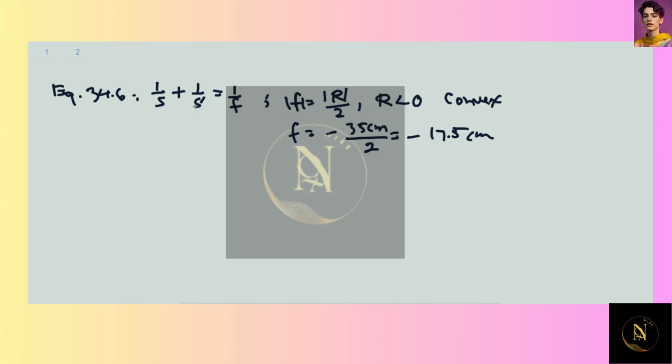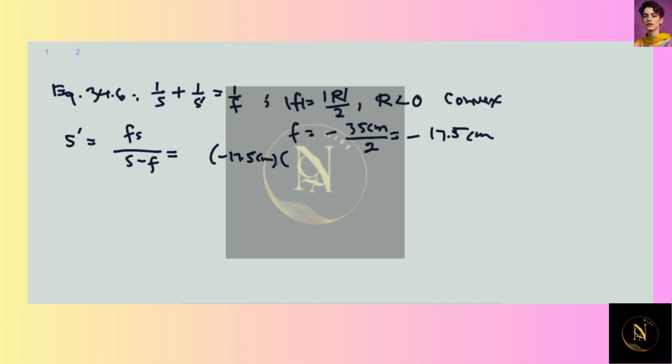And again, we would like to find where the image of your nose is located, so we can isolate this equation and basically solve for s prime. So we have s prime is equal to fs over s minus f. And we were given the numbers for all these things. We just computed f here, so that is minus 17.5 centimeters.